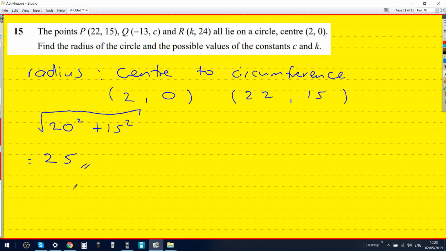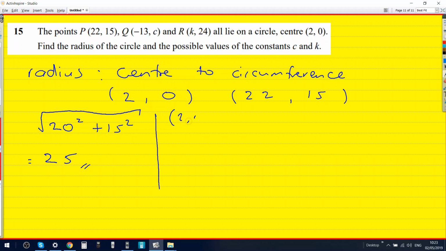And then how do you do this, possible values for K and C? I'm not sure. I can't think. You do Pythagoras, except instead of the 22 and 15, do it with minus 13 and C. Right.